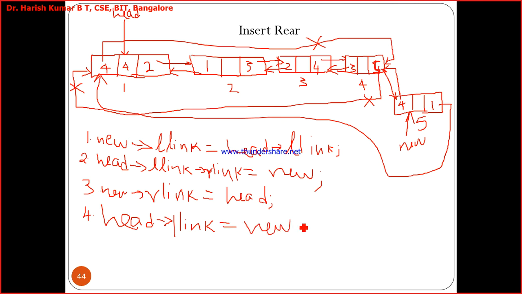Easy it is. Now this 4 is overwritten by 5. Now this link is not pointing to this. There is a new link defined which is pointing to this node. Hope you people understood.